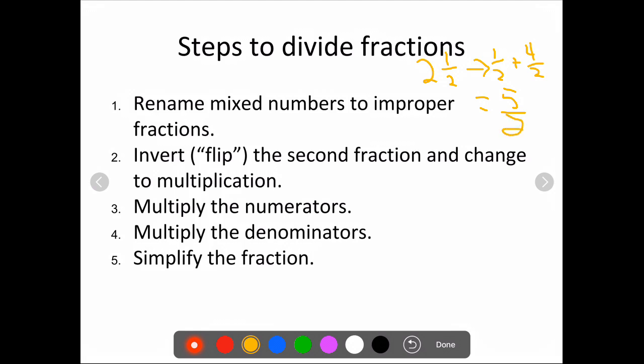And our second thing to do is to flip the second fraction. The top becomes the bottom and the bottom becomes the top.